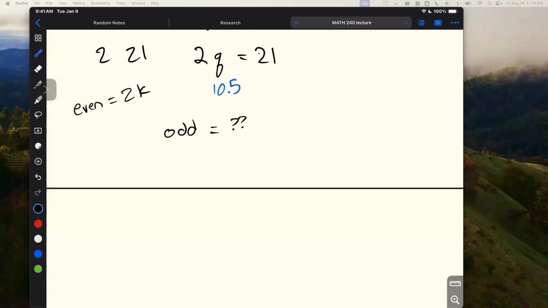All right, what do you think? So if we write even as something like 2 times k, how do we write an odd number? I know I heard at least one correct answer. Yeah. 2k plus 1.